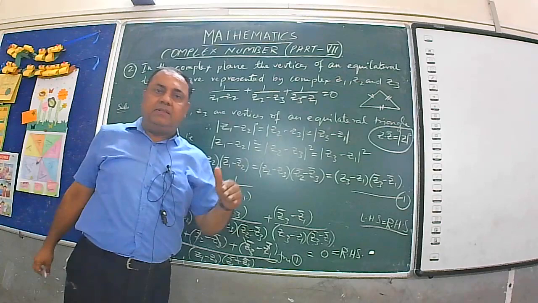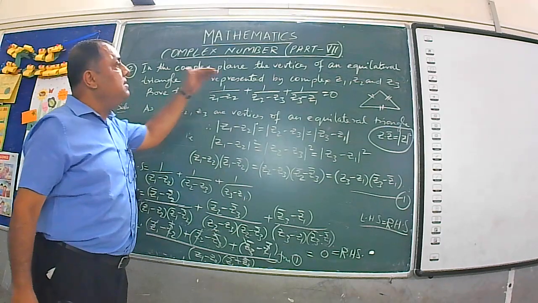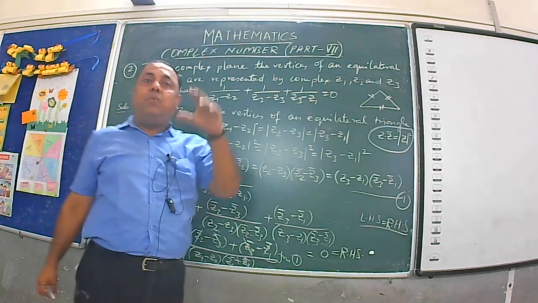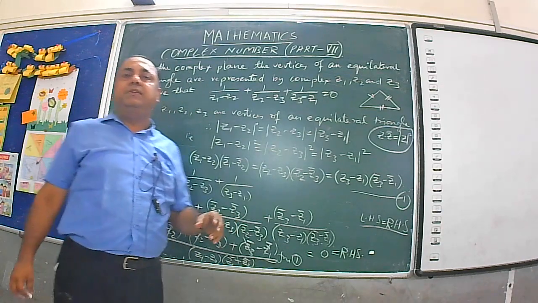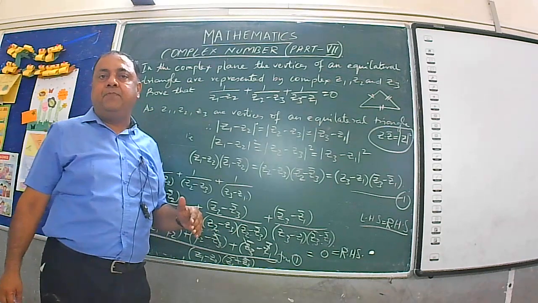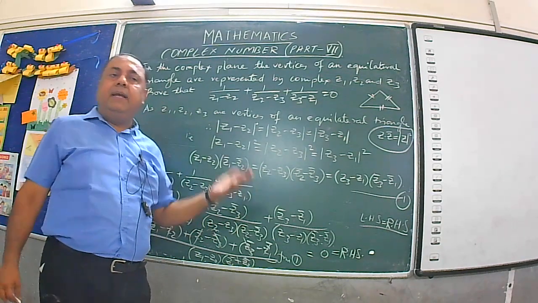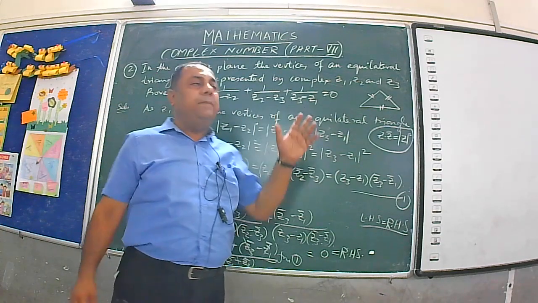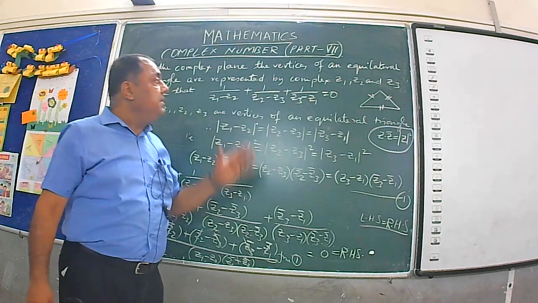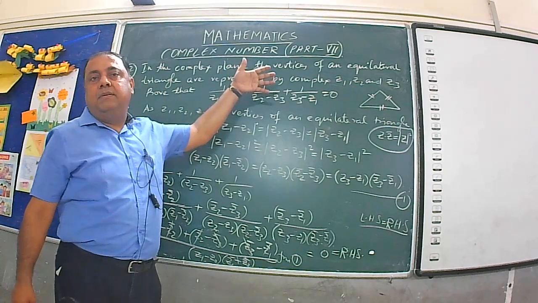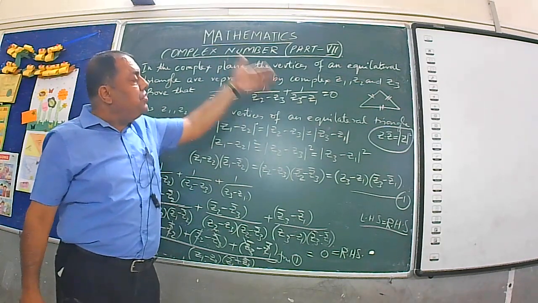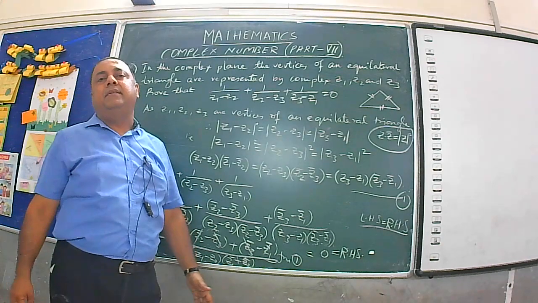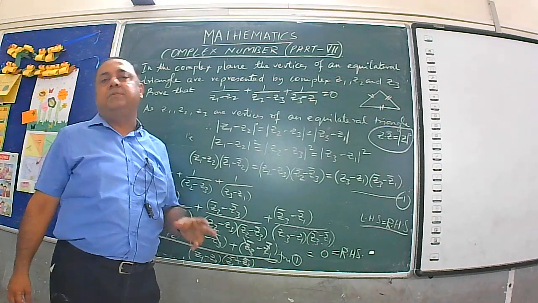I repeat once again, Z1, Z2, Z3 are vertices of an equilateral triangle. Problem number 1 and problem number 2, I am working them out. The reason is they look very difficult, but if your logical sense is correct, it becomes very simple.